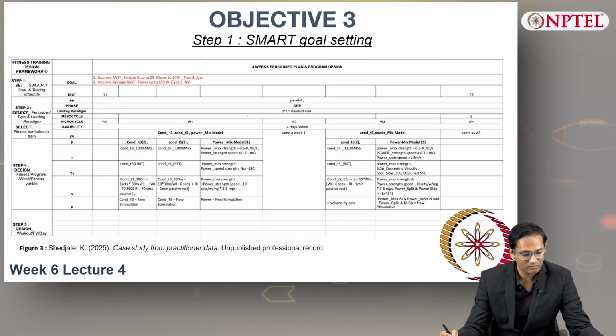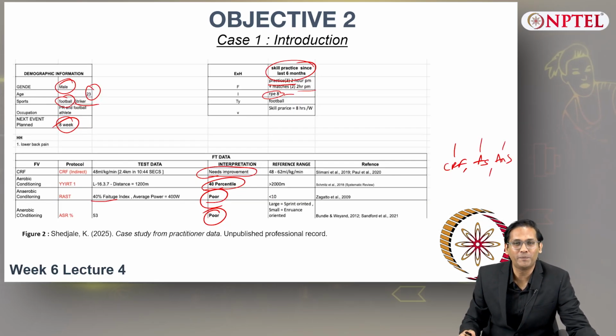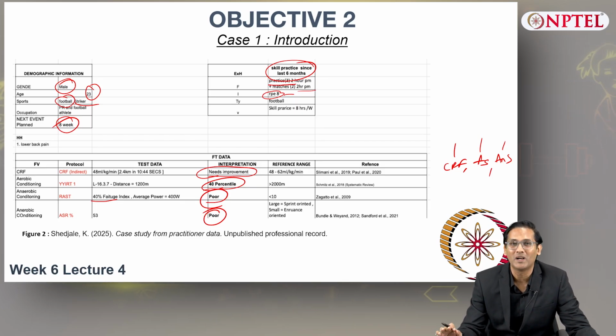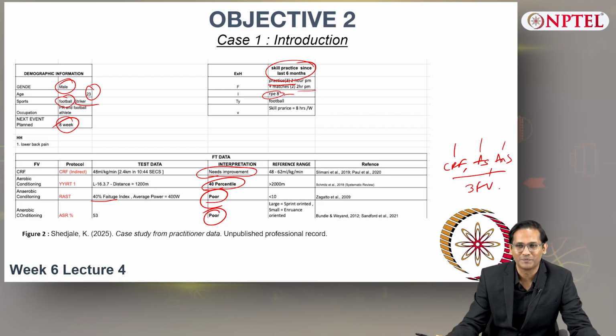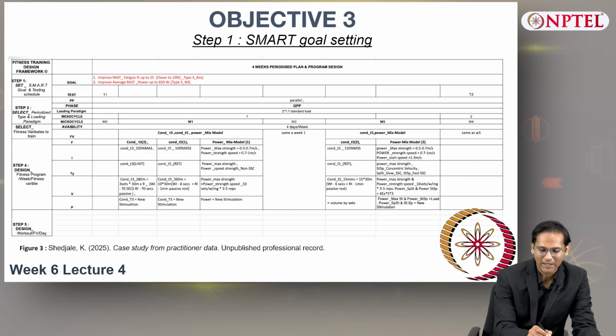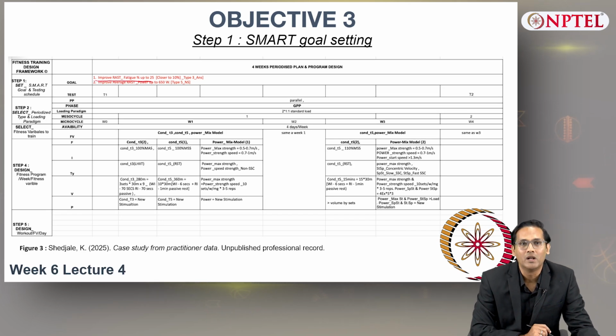So your fitness program would be complex if more than one fitness variable is required to improve. So for a given case, there are 3 fitness variables that need to improve. And this is identified by writing a very measurable goal.